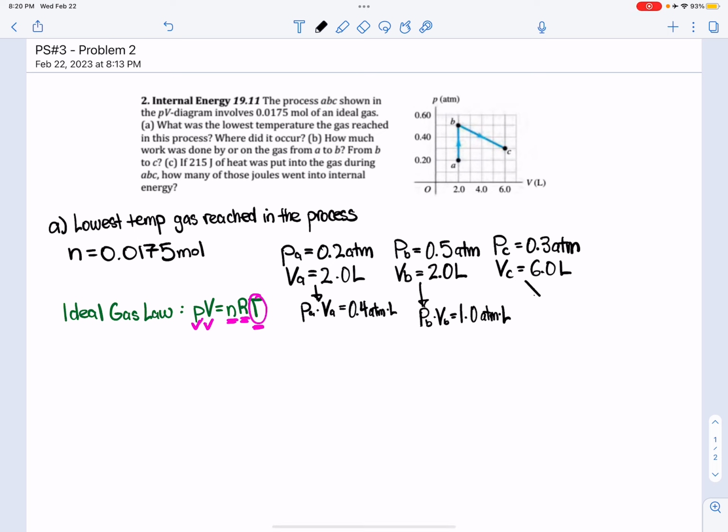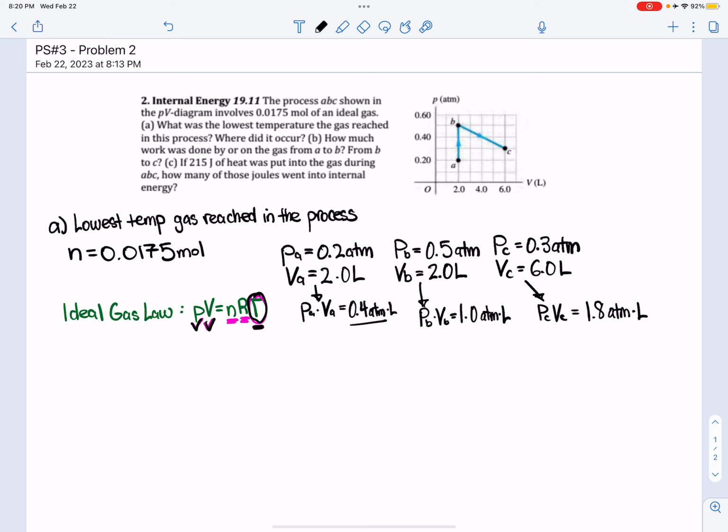Same thing with state C, multiplying the pressure and volume at that state, we would get 1.8 atm times liters. All right, so let's see which has the lowest value of P times V. Because n and R are constant, that would be the lowest temperature.